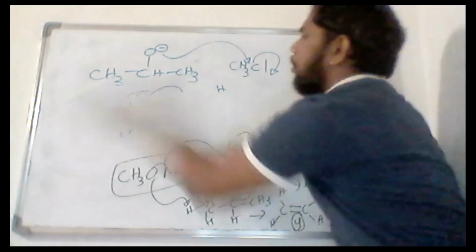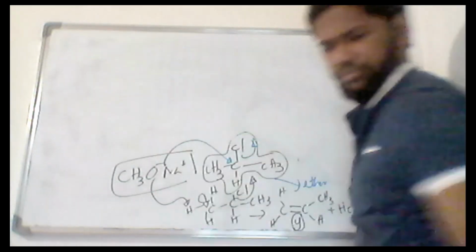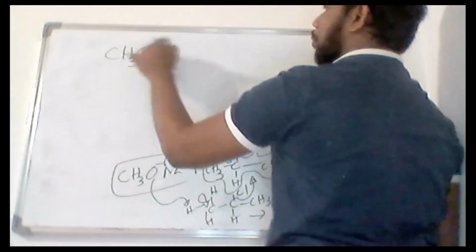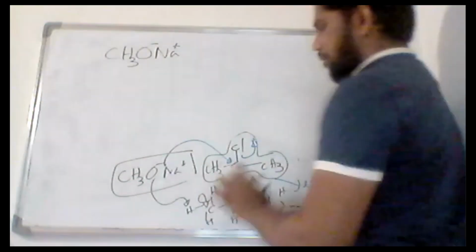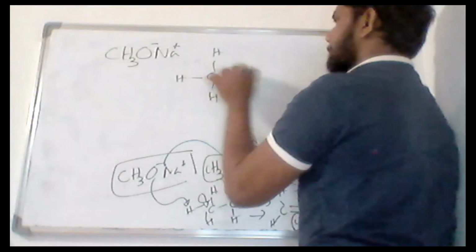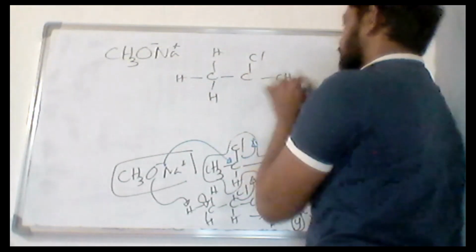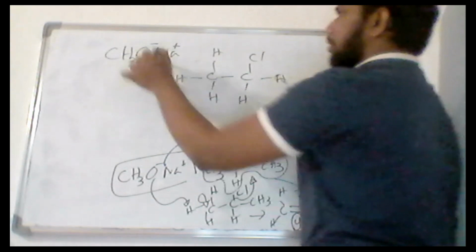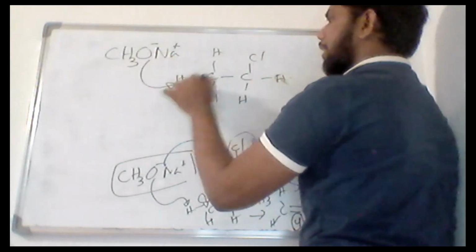I will draw on the top. So we have CH3O Na plus. We have hydrogen, Cl, hydrogens. So this will attack one of the hydrogens, then this will break.